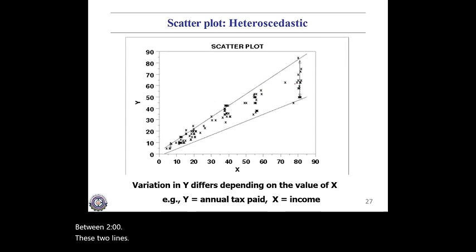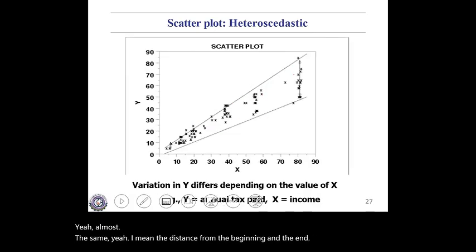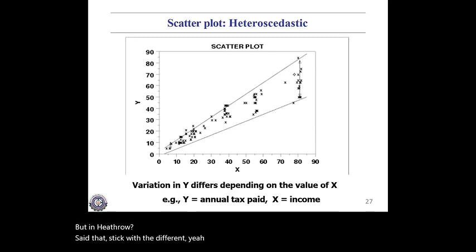This is for homoscedastic, because the lines are almost the same, I mean the distance from the beginning and the end. But in heteroscedastic, it is different, and the lines diverge.